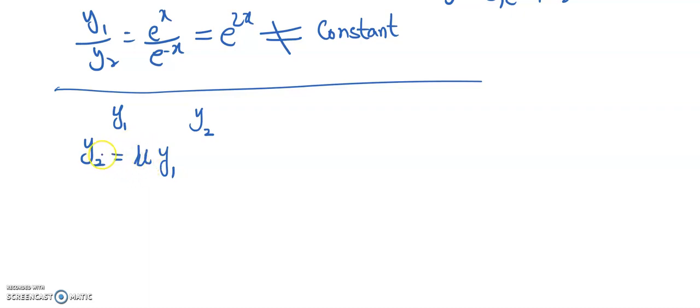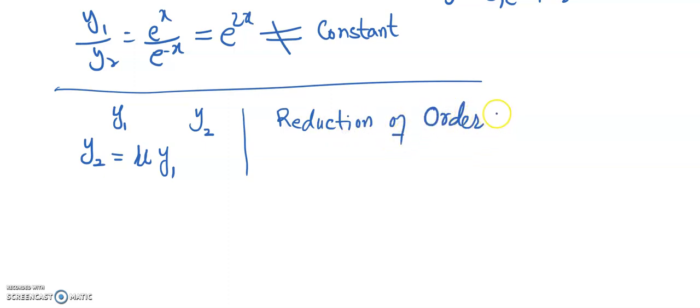So we can make a substitution into the original differential equation like this. If we know one function, we can find the other function. This gives rise to a method called the reduction of order method, which is a useful method, but it requires knowledge of one solution of the differential equation.